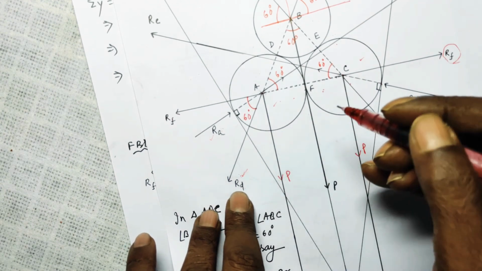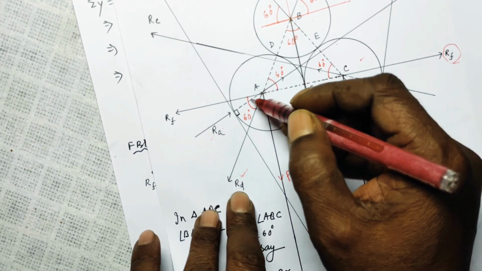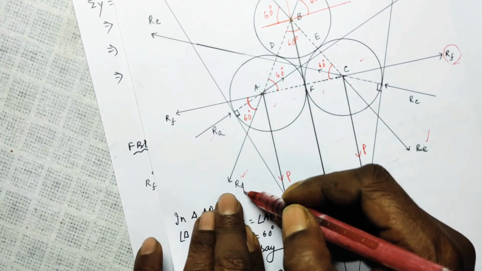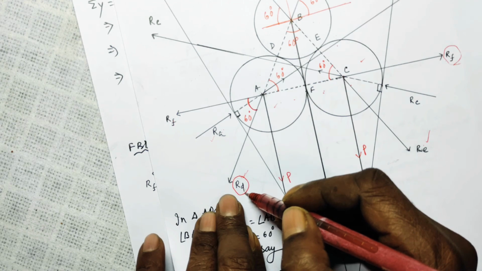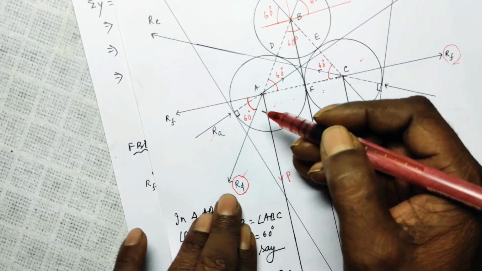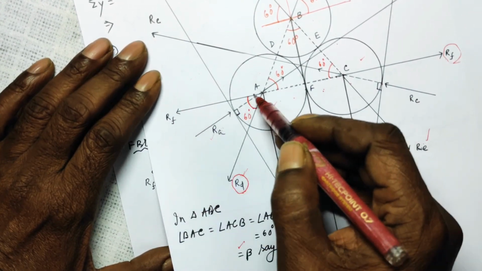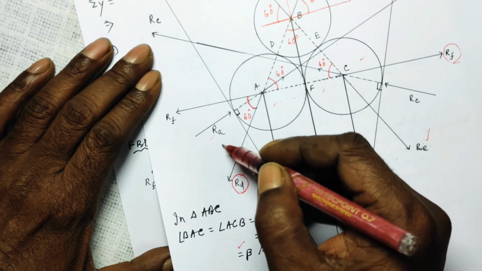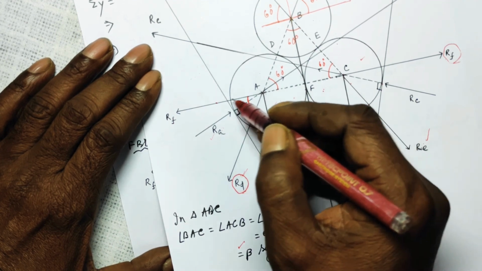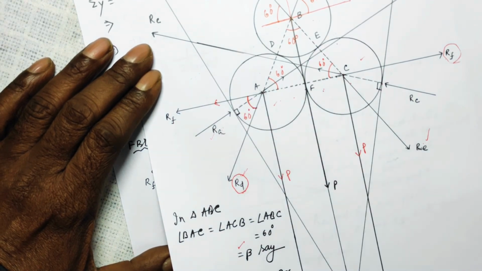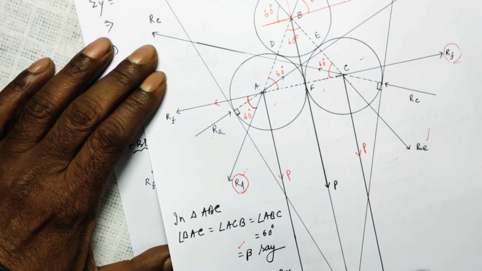Now look, this angle is 60 and this is vertically opposite to that. So RD part is clear. RD is making 60 degree with the negative x-axis. So from here, if you drop a perpendicular, from here to here will be your RD cos 60.